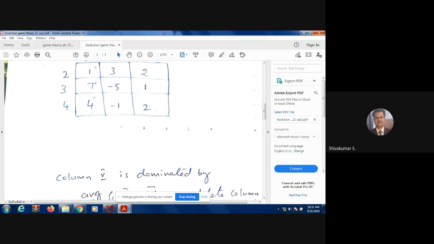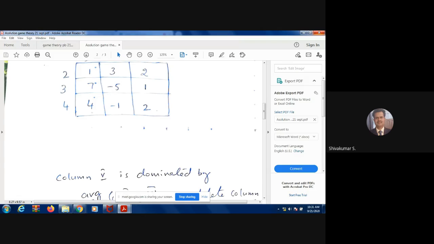And 7 minus 5 is 2, divided by 2, that is 1. Next, 4 minus 1 is 3, so 1.5. Now what happens here? First value 2 equals 2, second value 1, and 1.5 is less than 2. So if you take the average of 3 and 4, you won't get dominance.